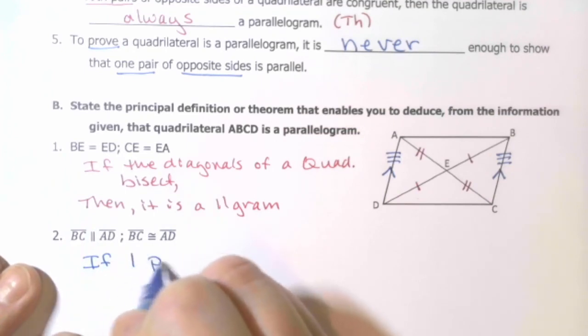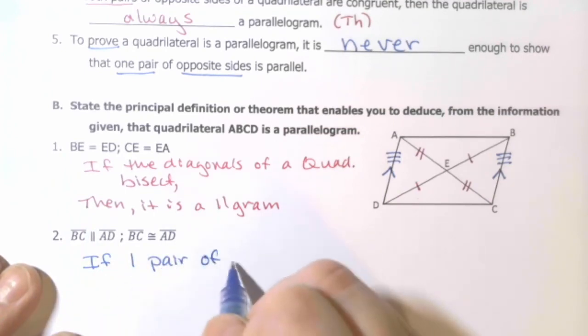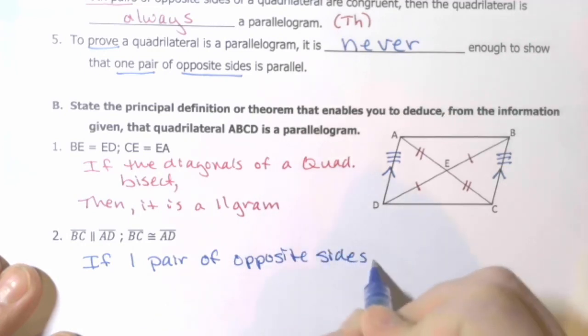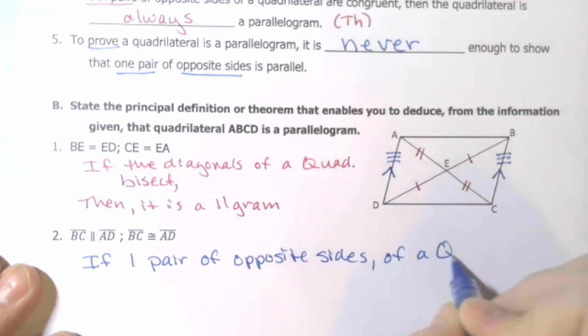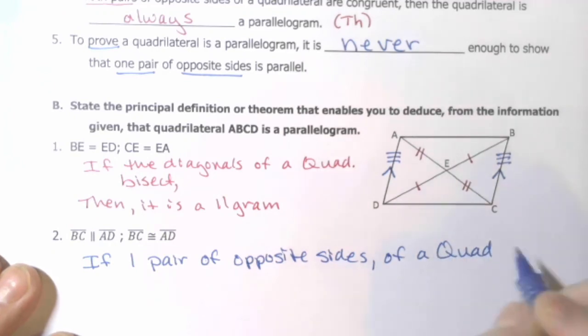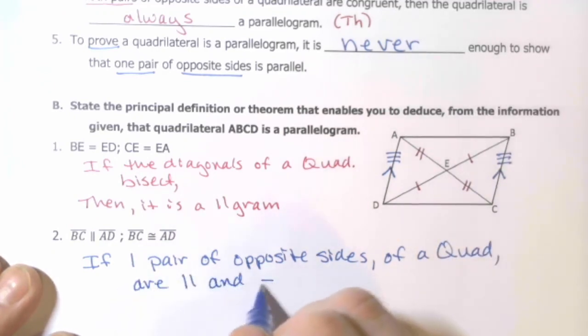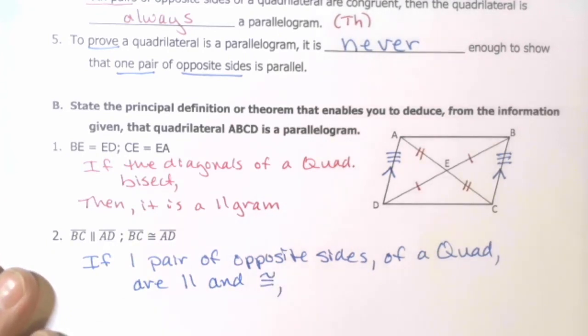If one pair of opposite sides of a quad are parallel and congruent, then it is a parallelogram.